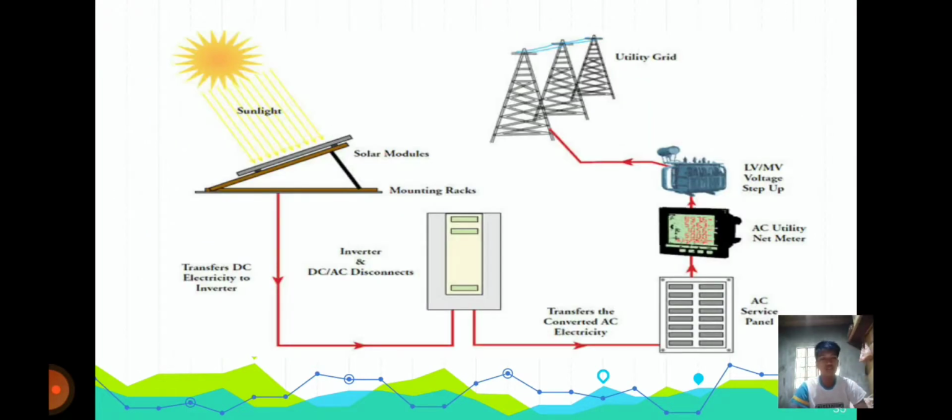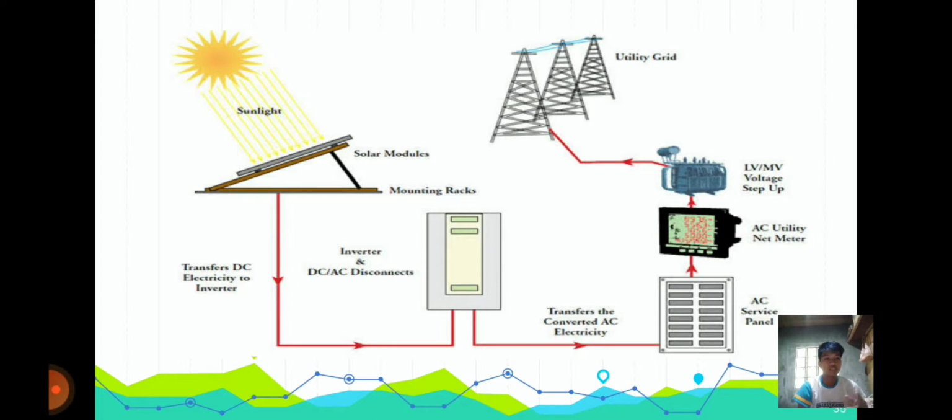So yan yung diagram ng how photovoltaic power plants work. From the sunlight, the solar modules, the mounting racks, dadaan siya sa transfer DC electricity to the inverter. So papasok siya sa inverter, then lalabas, dadaanan niya ulit yung transformer and converts to AC electricity.